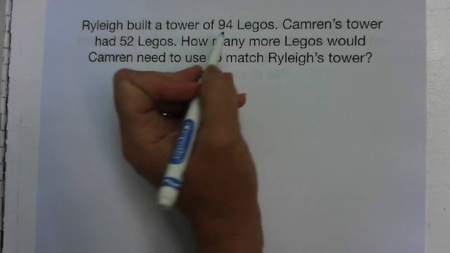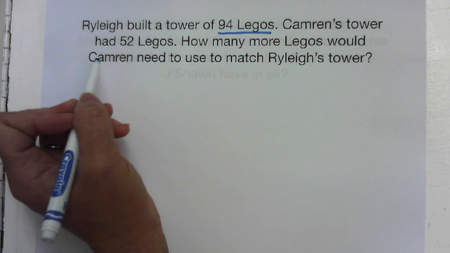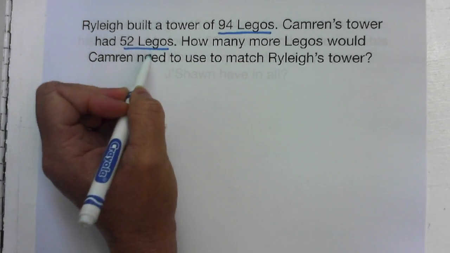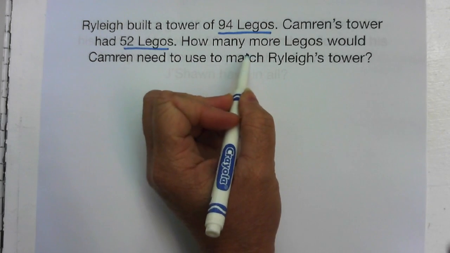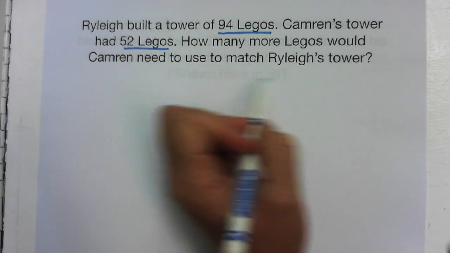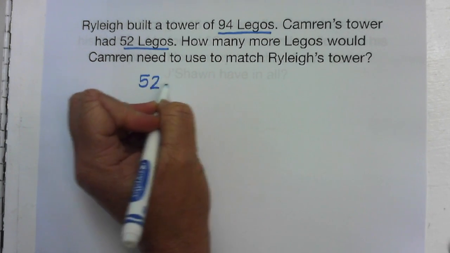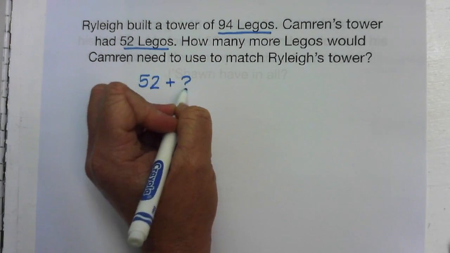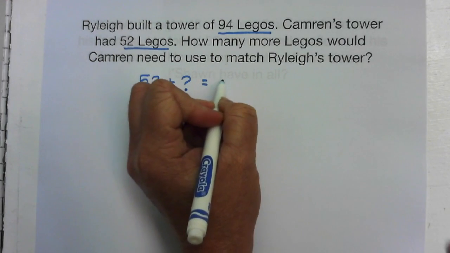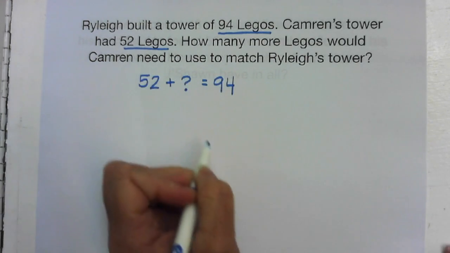Okay, Riley has 94 Legos in her tower. Cameron's got 52. We need to know how many more Cameron needs to add to make Riley's tower. So our equation is 52 plus something equals 94 Legos.